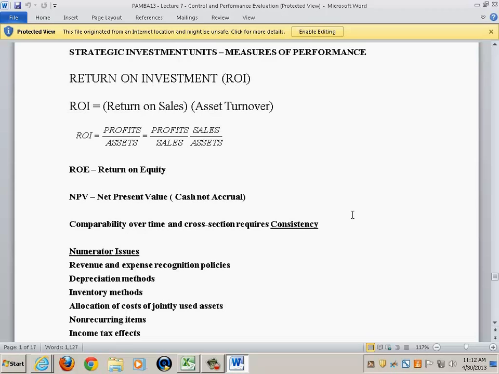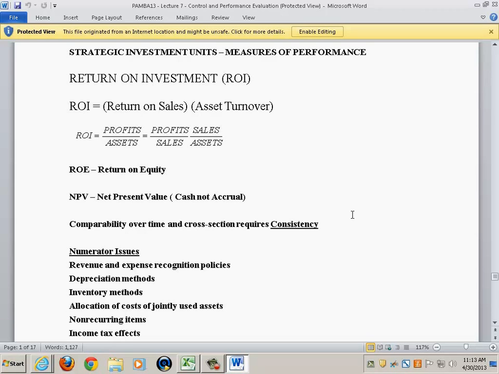So for example, if you measure the ROI and you get 0.16 or 16%, what that is supposed to mean is that by this measurement for a certain period of time, say a quarter or a year, depending on what period of time you measure it for, your assets returned in terms of profits 16%.